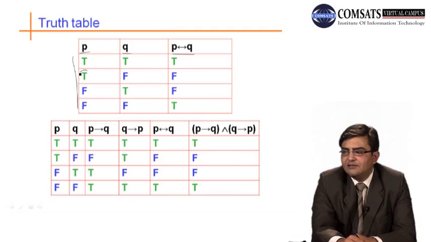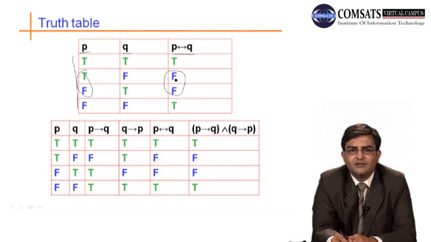In the other two cases, in which P is true and Q is false, or P is false and Q is true, the biconditional of P and Q is false. And in the last case, when P is false and Q is false, this is true.